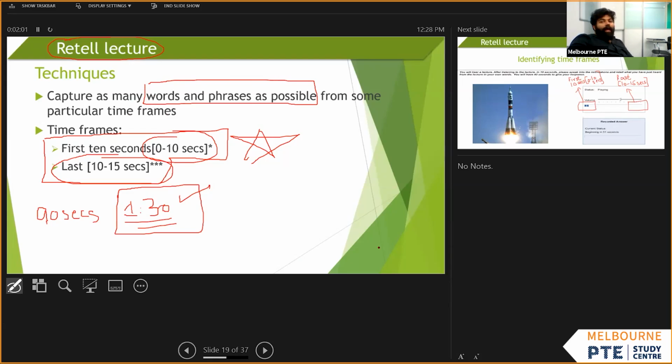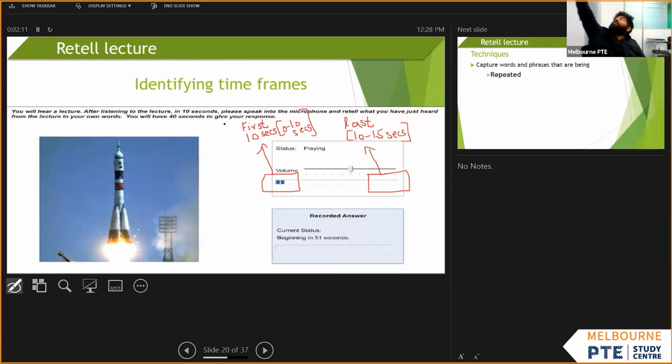The first 10 seconds makes sense, whenever the audio starts. The last 10 to 15 seconds, depending on the length of your audio, might be more or less. So try to capture as much information as possible from that.